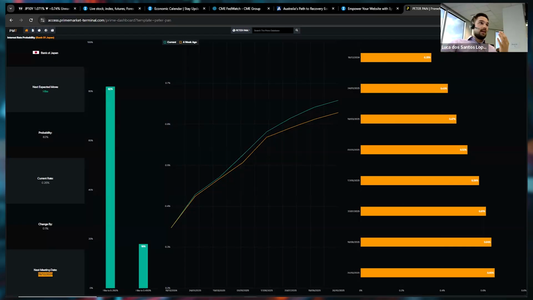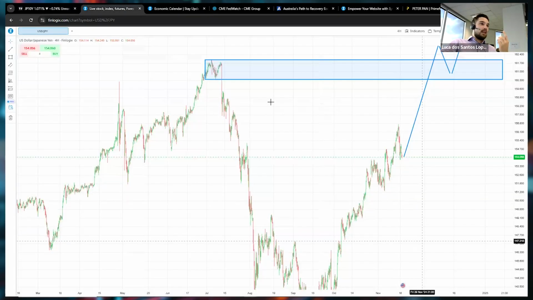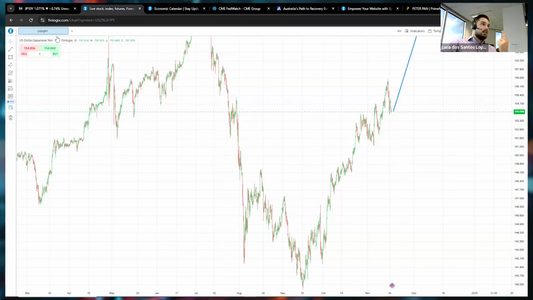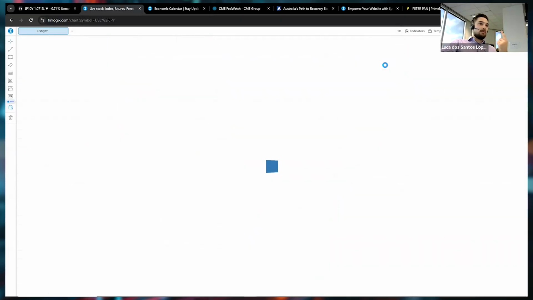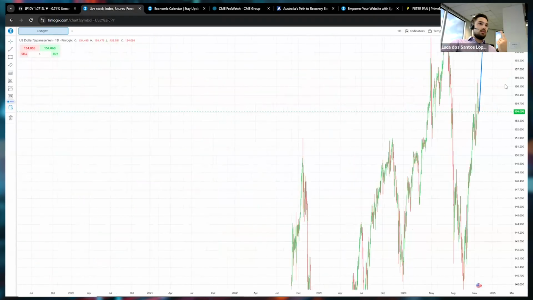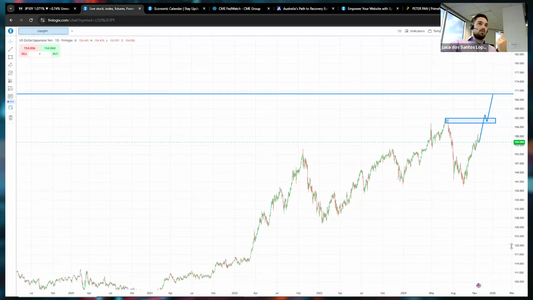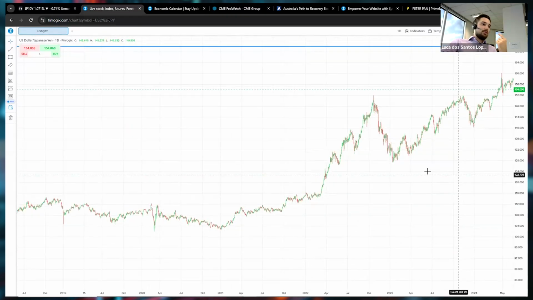All right, and it's not the problem only of this period here, because the Japanese yen is not only weakening now. If we go to the daily chart and come back, we can see that this weakness of the Japanese yen has been since 2021.